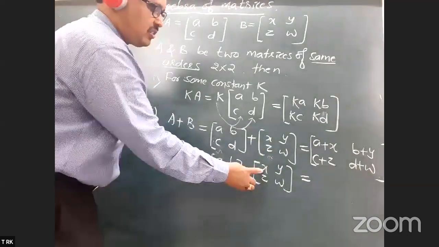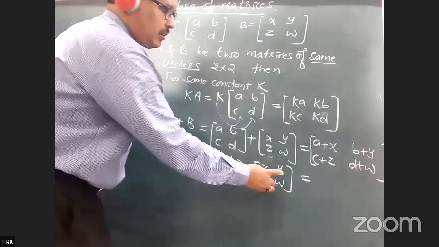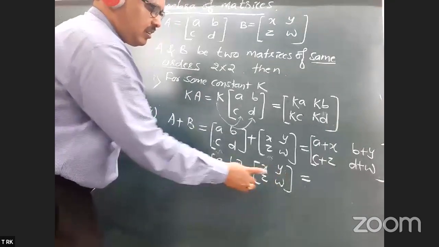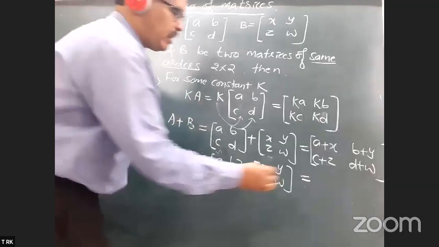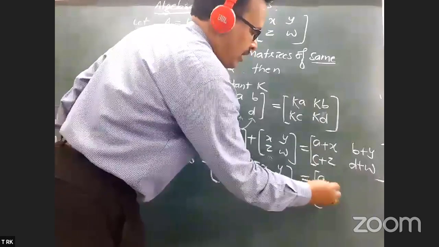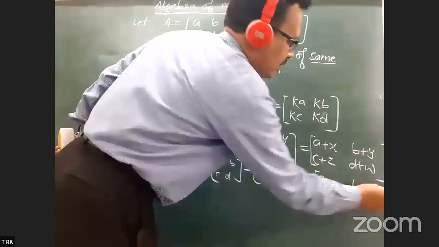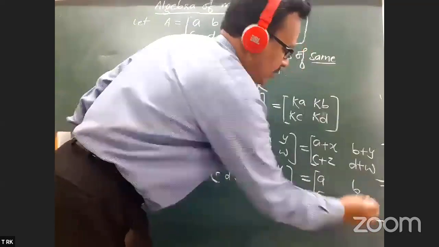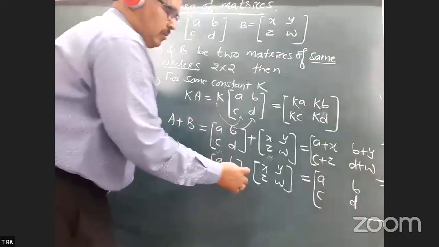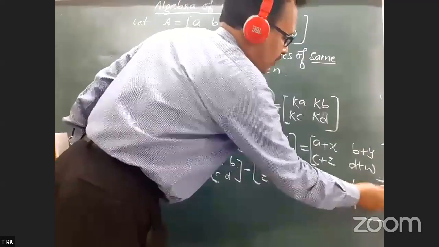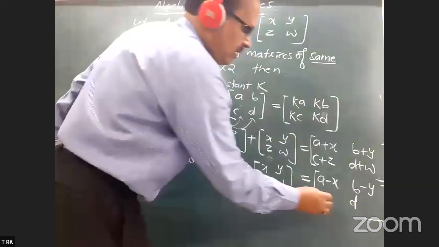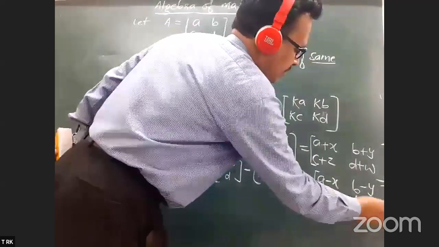That is, X should be subtracted from A, Y from B, Z from C, W from D. I mean, A, B, C, D, elements of the first, minus these. I mean, minus X, minus Y, minus Z, minus W.